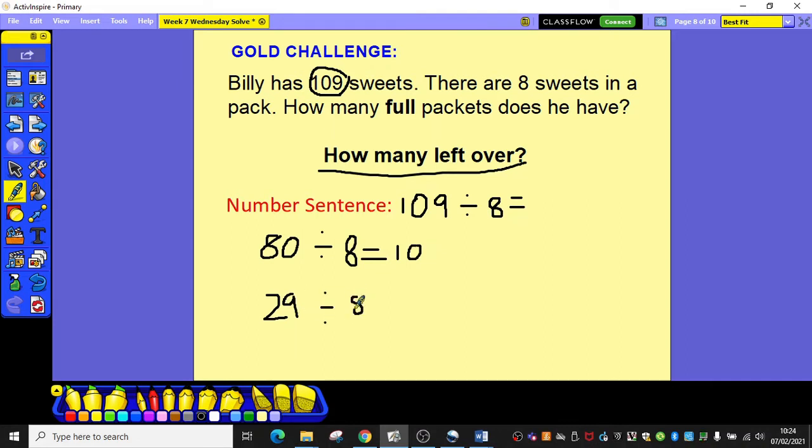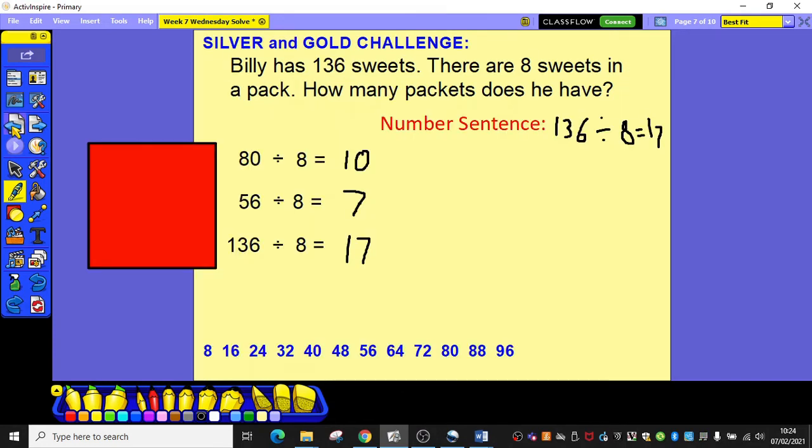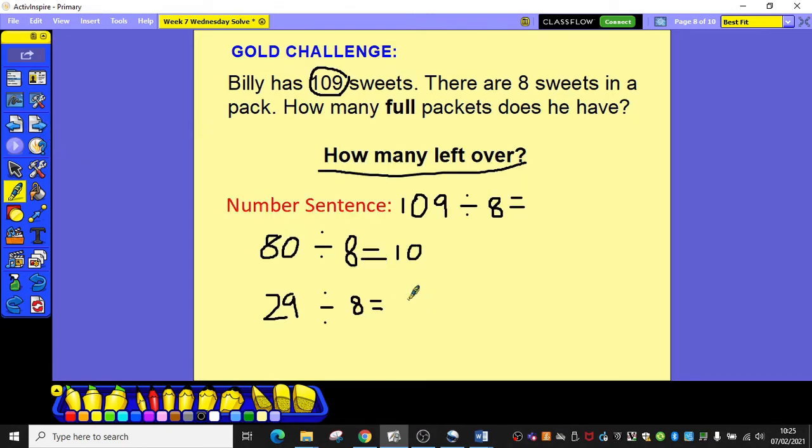Let's just go back to our previous screen a minute. I've got 8, 16, 24, 32. So I can't go as high as 32. So I'm going to go to my third multiple of 8, which is 24. So 3 8s are 24. But how much have I got left over then? So from 24 up to 29 is 5. So I'm left with 5 sweets left over.